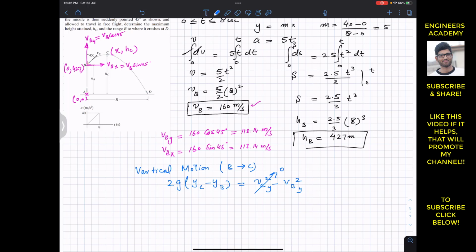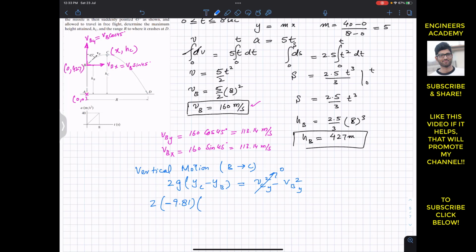Further, when the missile is moving in the upward direction, the velocity is decreasing. So if the velocity is decreasing, the acceleration is negative, right? So the g value is minus, since it is decelerating in the upward direction. So we can write that g is minus 9.81, and now yc is the y coordinate of the missile at point C. So yc is hc, right?